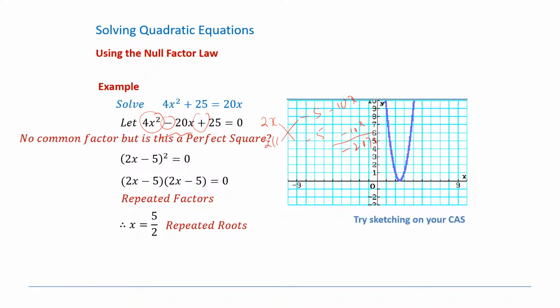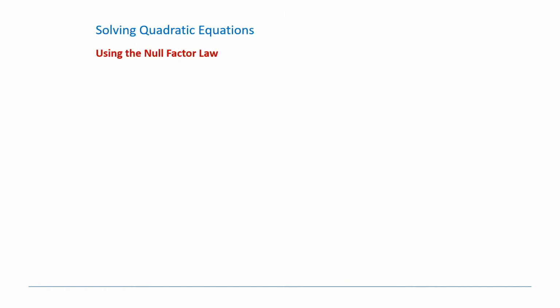And if I graph y equal to 4x squared minus 20x plus 25 on my CAS, I can see here I have a turning point on the x-axis. It actually touches the x-axis at 5 over 2. Okay, so we say that it has one solution and the turning point sits on the x-axis.